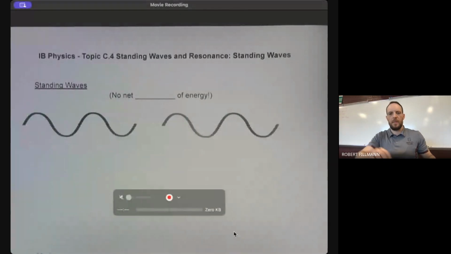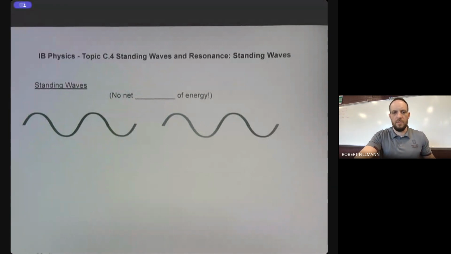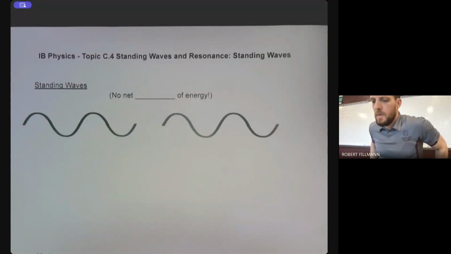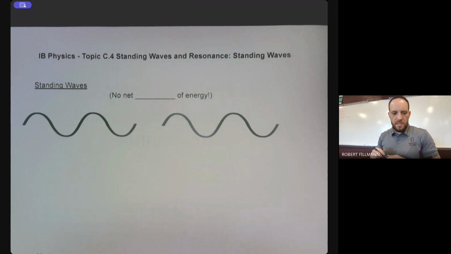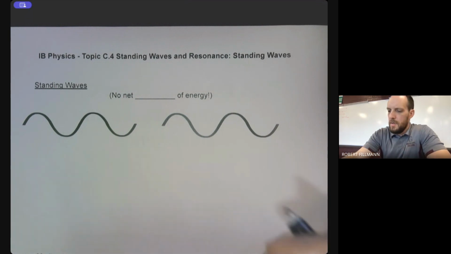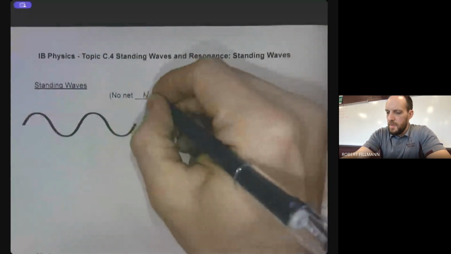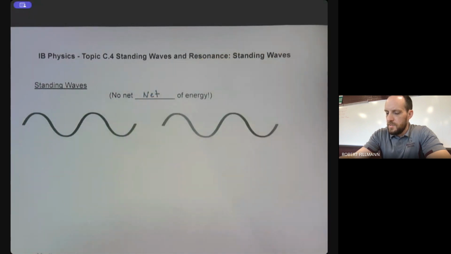You want to pull out your notes packet. We will jump in. So we're trying to show what a standing wave is. One really important thing that will probably come up on the IB exam is you should understand that there's no net transfer of energy.